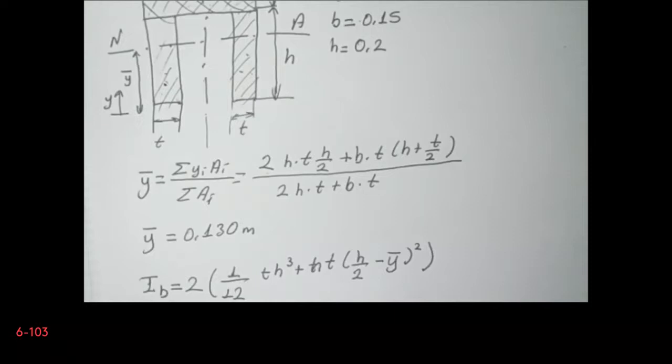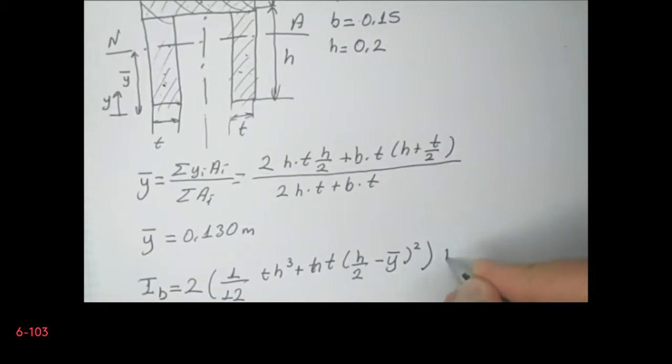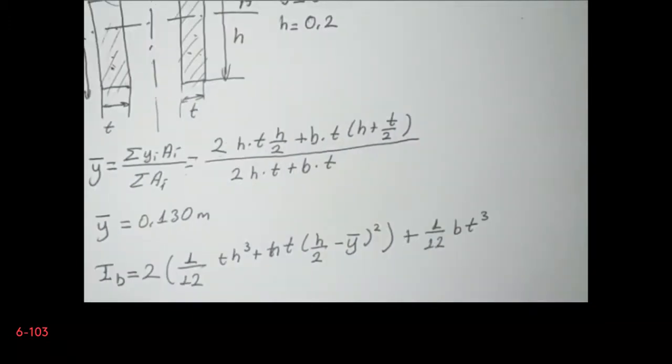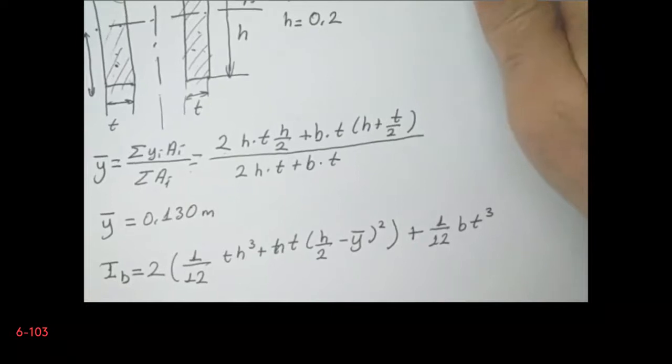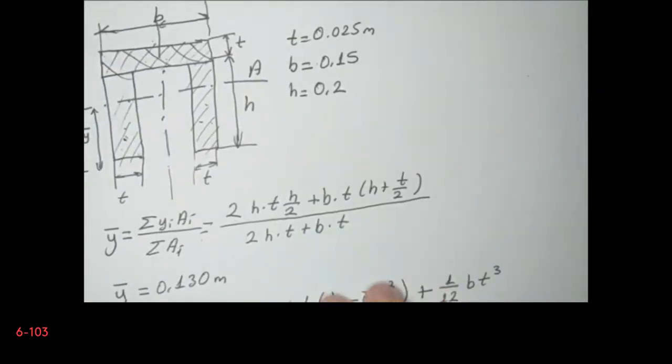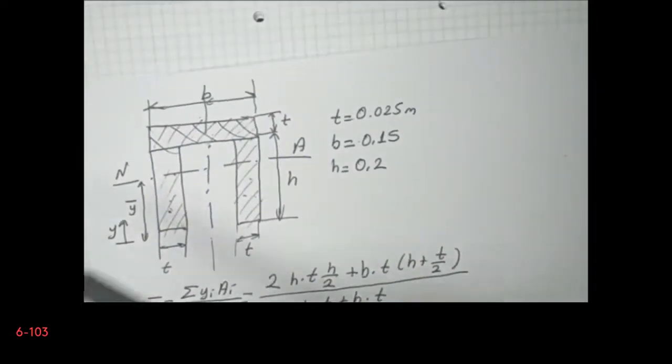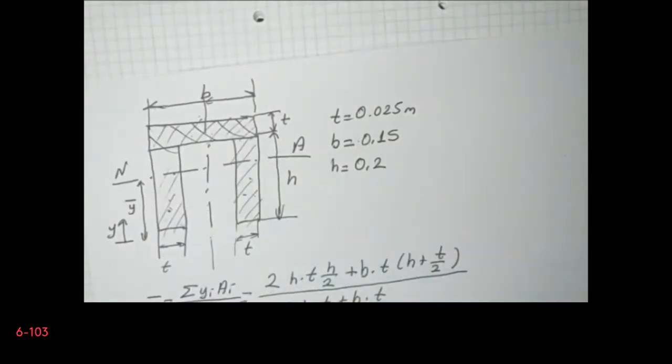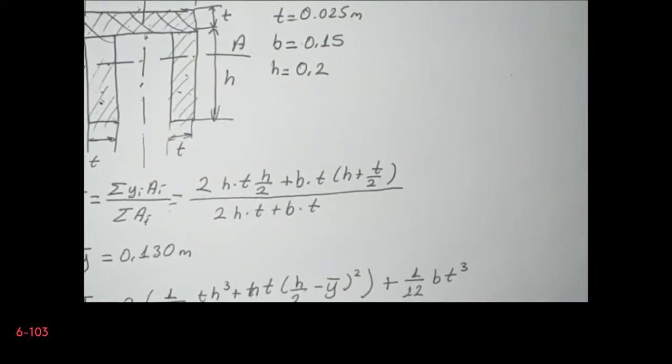Plus, now I will calculate the bending moment of inertia of the area which is horizontally aligned at the top of the cross section, this area. With respect to its centroid it is 1/12 B T cube.